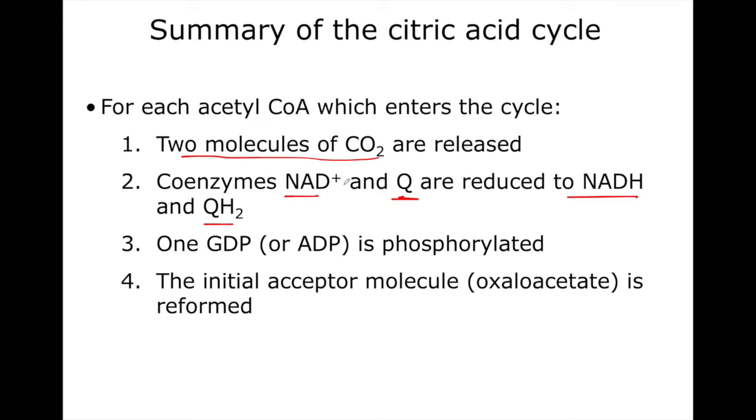So these are basically where we're storing some of those electrons that we're pulling off. We will produce one molecule of GTP as we phosphorylate GDP, or again, some organisms will produce ATP from ADP. And we also will produce or regenerate oxaloacetate, which, as we'll see in a minute, takes place in the first step of our citric acid cycle.